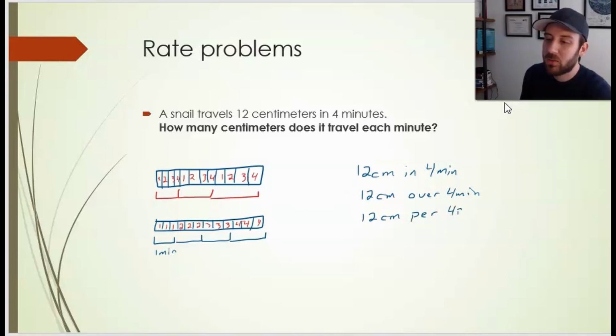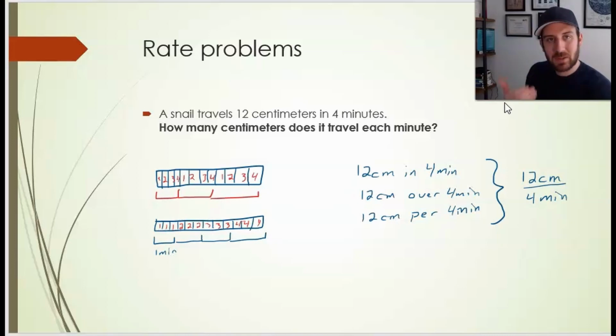And all of these can be represented with the exact same fraction. You have 12 centimeters that are being split up and grouped depending on those 4 minutes. So 12 centimeters per 4 minutes is what we can start with as a piece of truth about this problem.